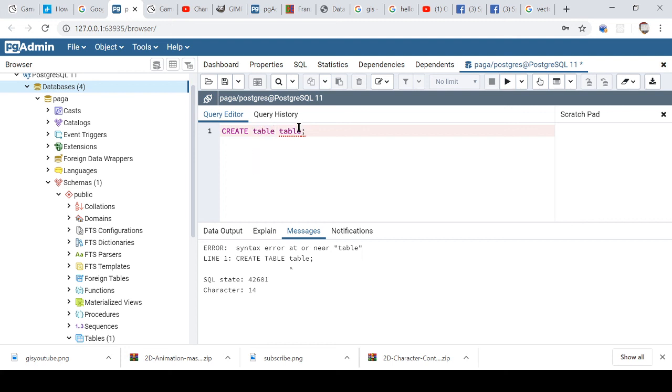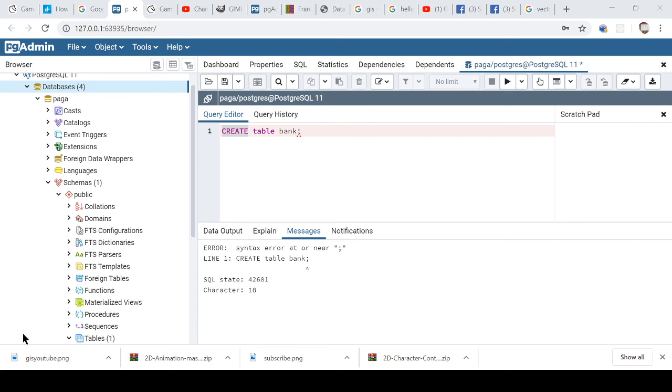Let's call this bank. Create table bank. That isn't working, but that is why we are doing the tutorial. I wish that had worked, then we could carry on with it, but it's okay. We'll handle all that next week.